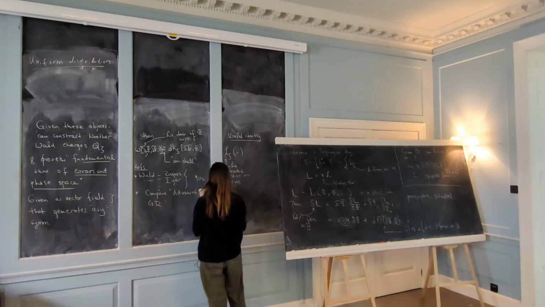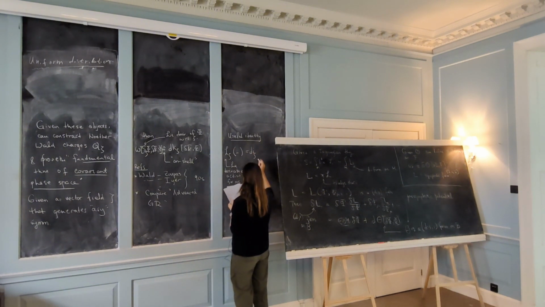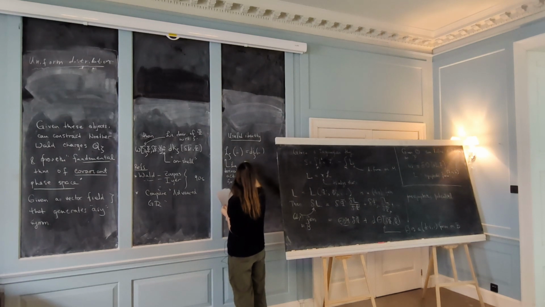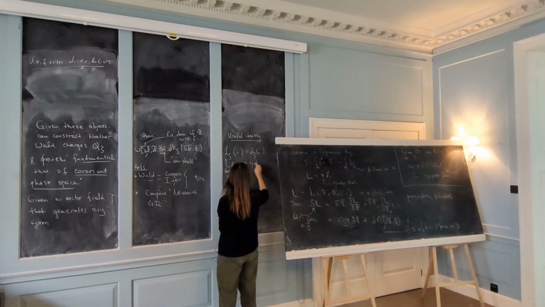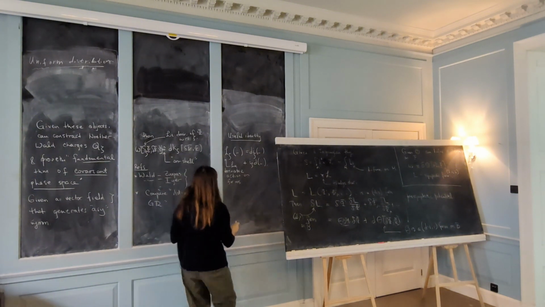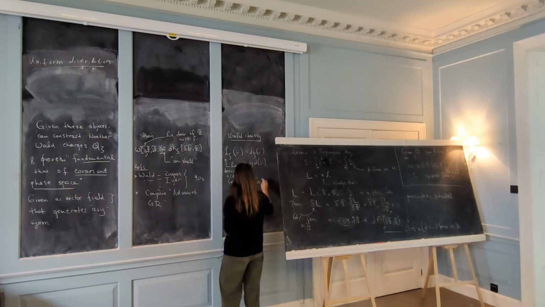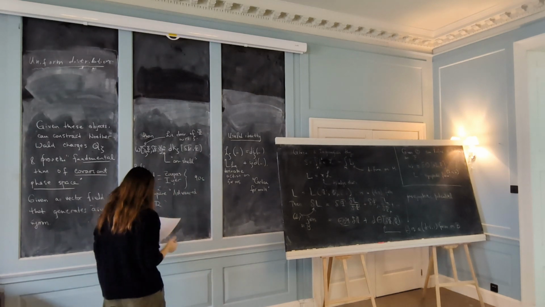The action on a form can be written as the exterior derivative on space-time, interior derivative with respect to zeta acting on the form, plus the other way around, interior derivative with respect to zeta, d acting on the form. In the literature it's called the Cartan magic formula, but that's a bit silly, so I'm just going to call it Cartan formula. There isn't that much magic about it.